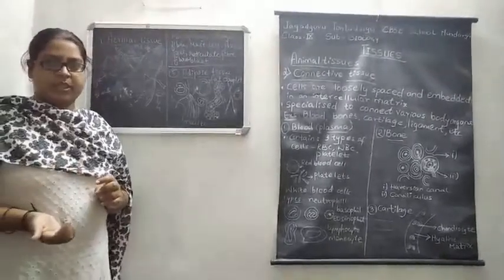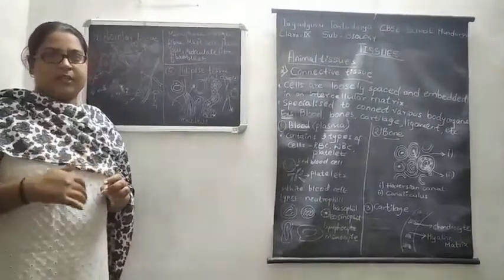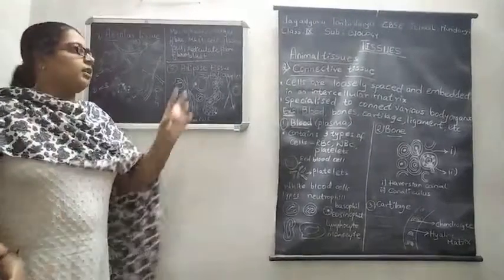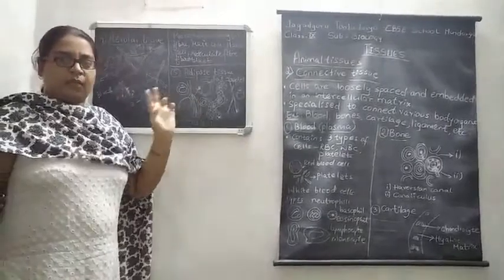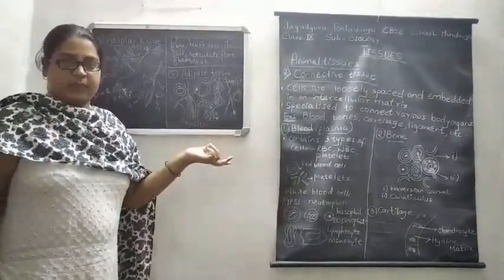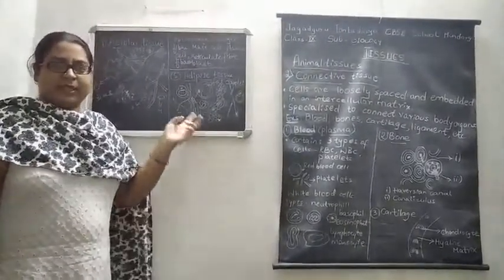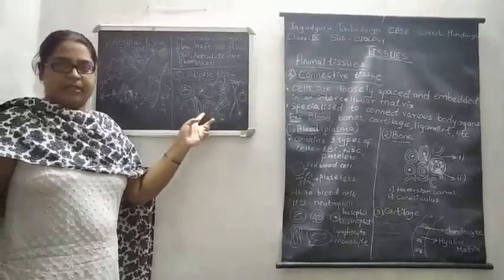Whatever environment changes take place, to adjust our body with the external environment, this adipose tissue helps in controlling the body temperature with the atmospheric temperature, and also stores the fat materials.